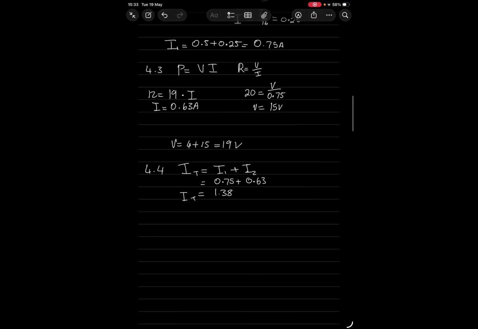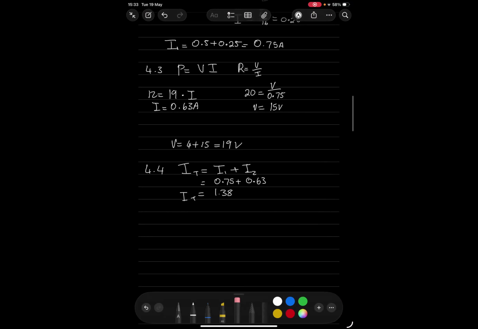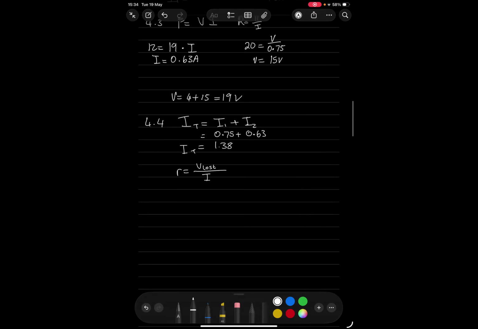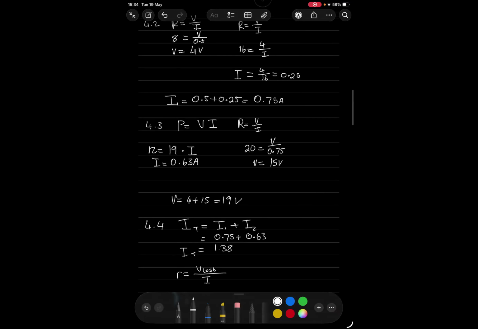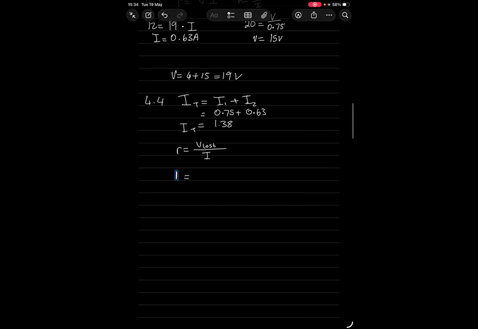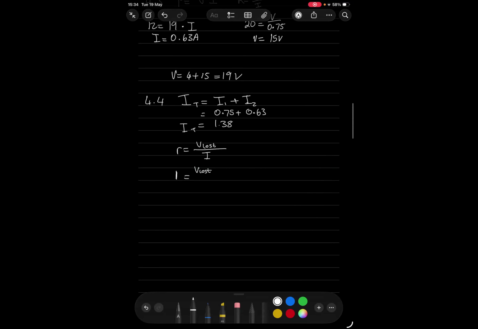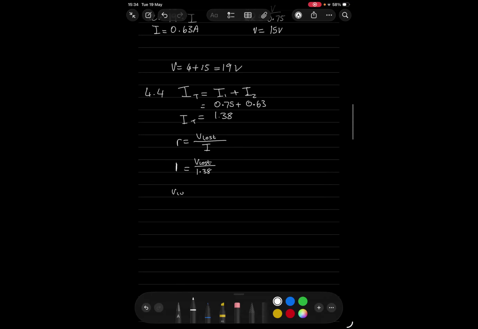Remember, the V lost is going to be what? V lost is R times I. Then it's going to be 1, and the current is 1.38. Then what's going to be the V lost? It's going to be 1.38.